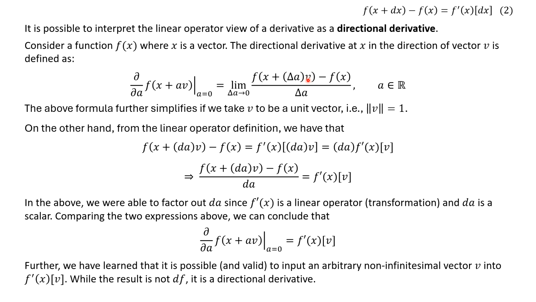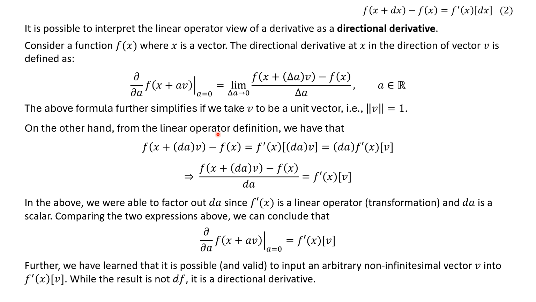When you're in multiple dimensions, you can approach along an infinite number of vectors, and that's what's defined to be the directional derivative. For the derivative to exist outright, you would have to prove that over all possible directions this quantity exists, which we're not talking about on this slide, but just to point that out. We can also normalize the vector v to have length 1. That's not critical to the discussion, but I mentioned it here.